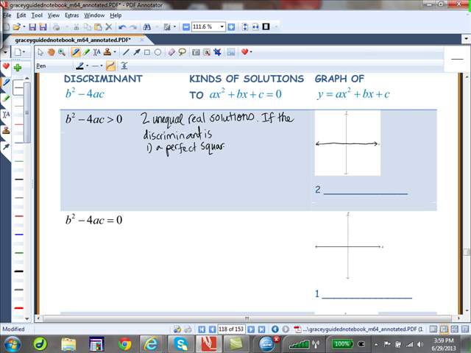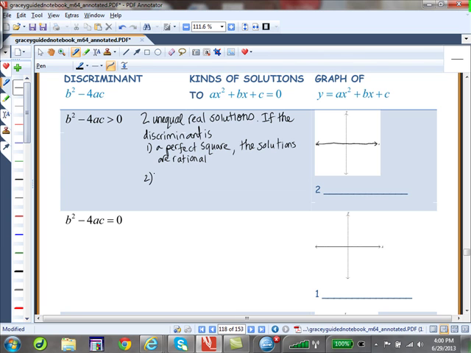What happens is you get rational solutions. You don't have a radical left over. And this is assuming that a, b, and c are rational numbers.